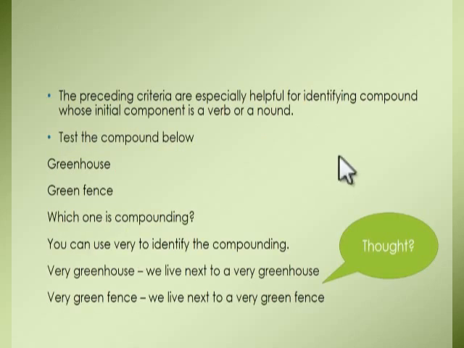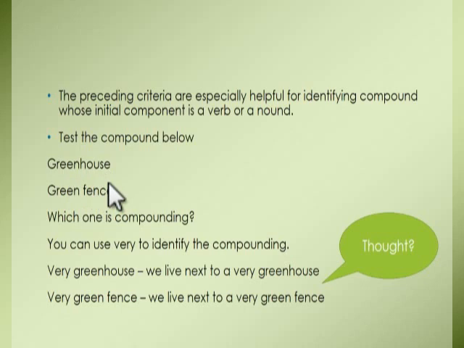Next, the preceding criteria are especially helpful to identify compounds whose initial component is a verb or noun. So we have to see whether this is a compound or not by doing the test. Look at this one: greenhouse and green fence.